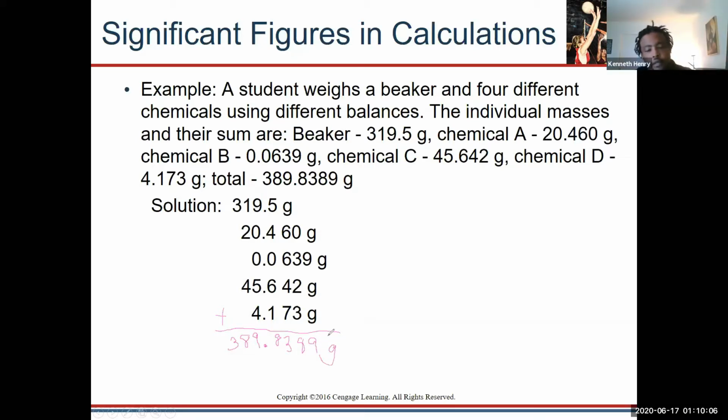Okay. So I have it all added up. Now what do I do?